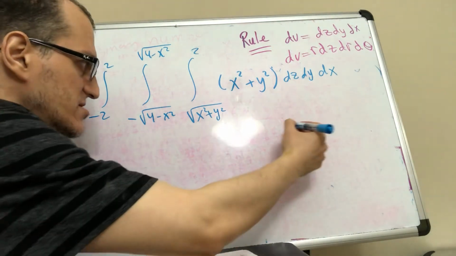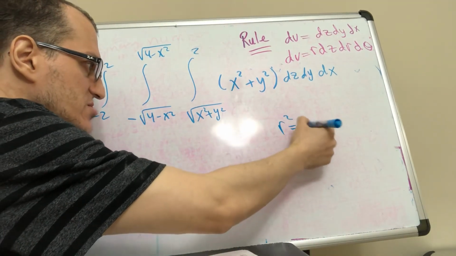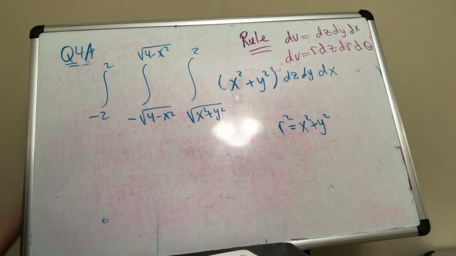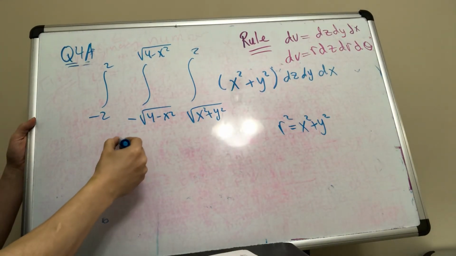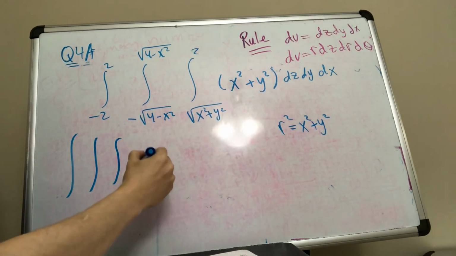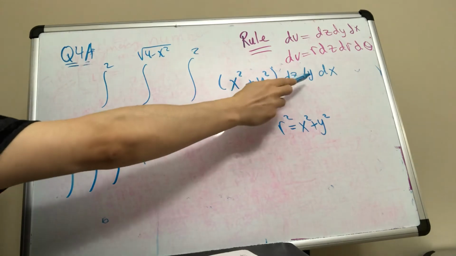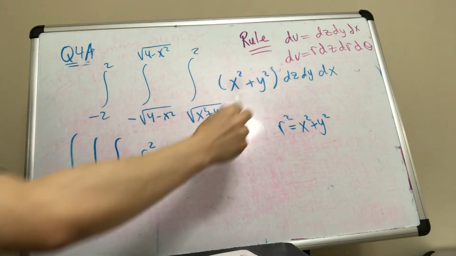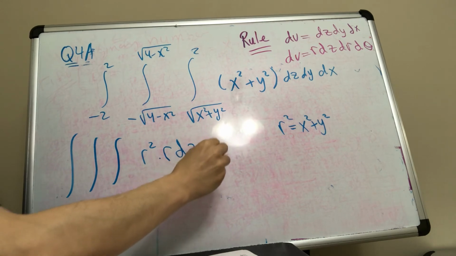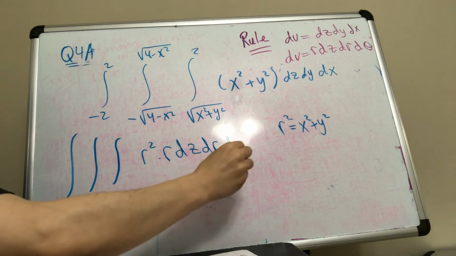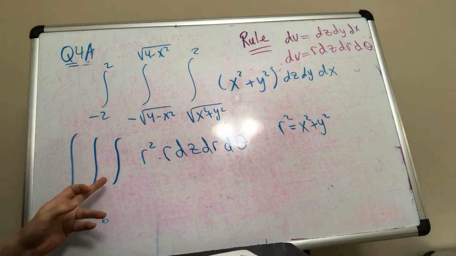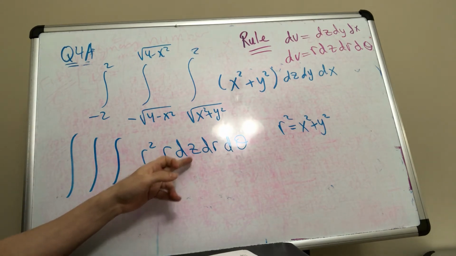Okay, we know r squared is x squared plus y squared. That we know. So, if we need to make this switch, this becomes r squared. And dz dy dx, that's dv, that's r dz dr d theta. So, first we need the limits for z.